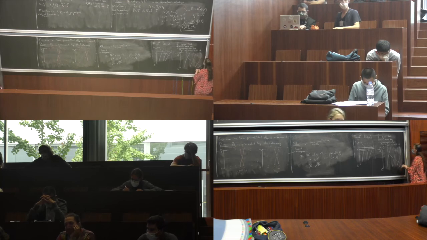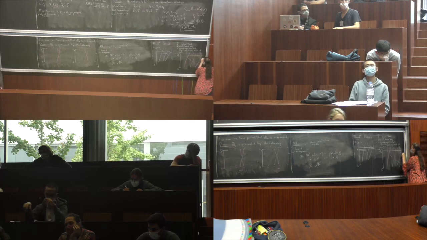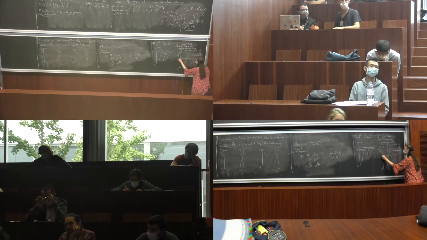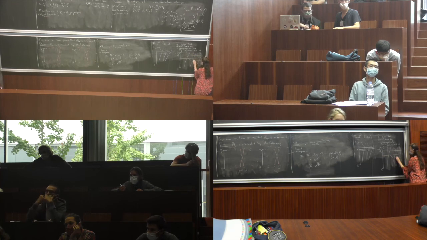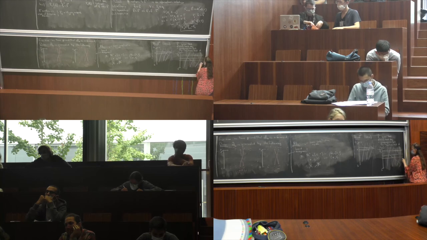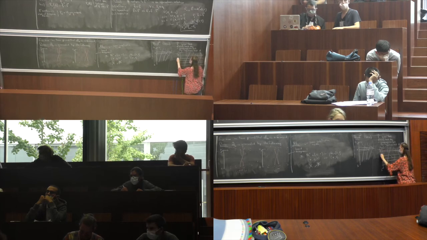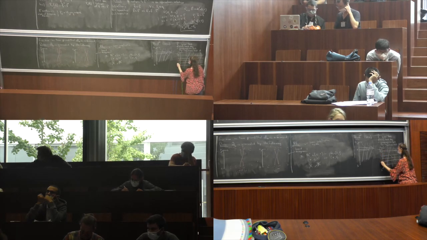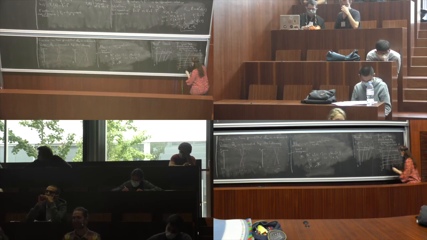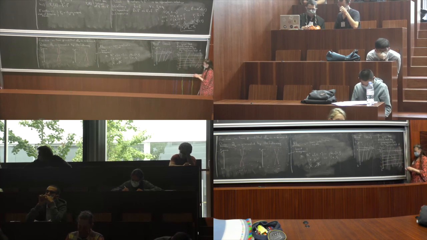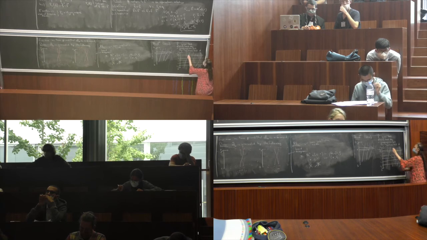So now I will slice my interval 0, 1 so that I have only one crossing in between. And here we go. So T1, T2, T3, T4, T5. And so you see that here, what do I have? So 1, 2, 3, 4, 5.